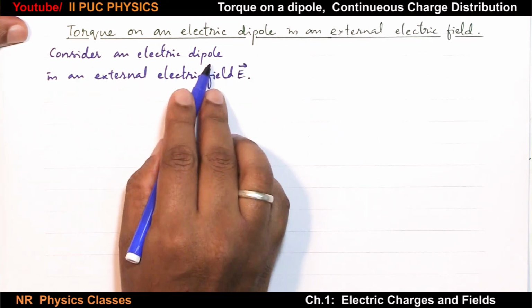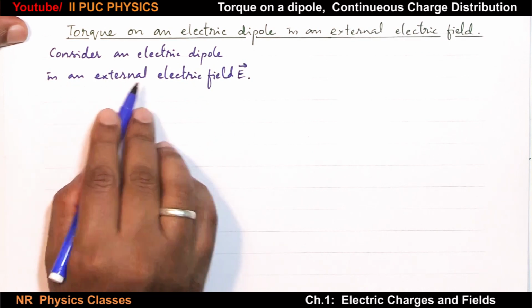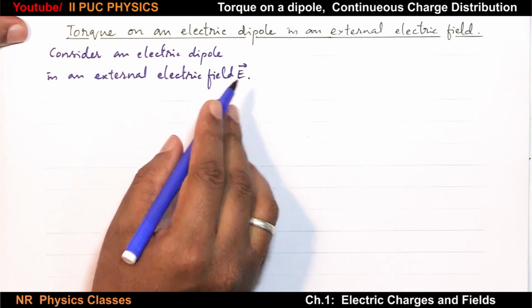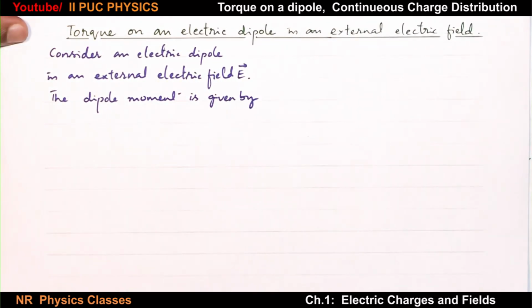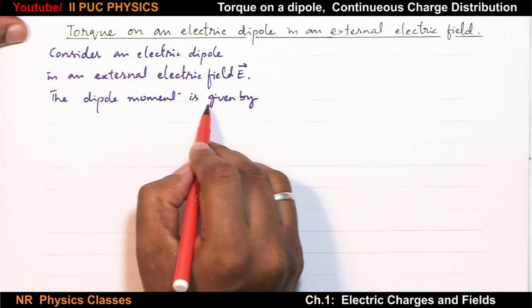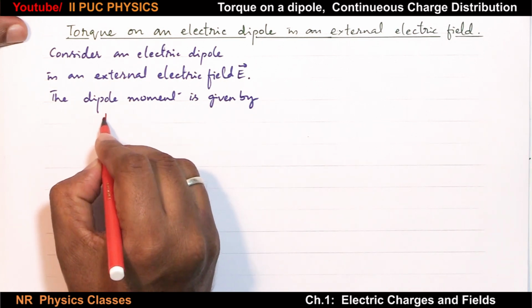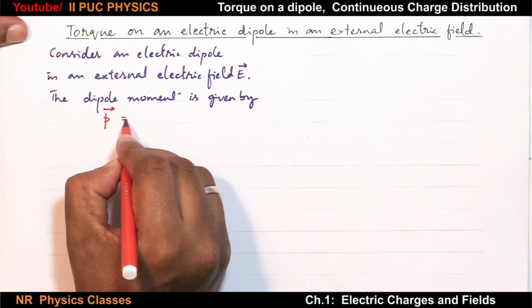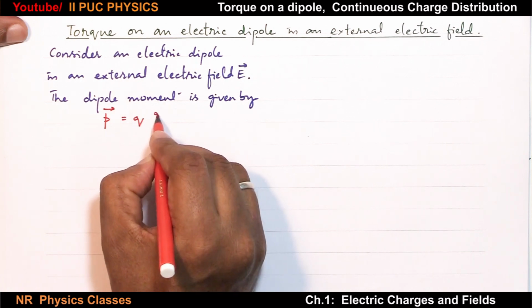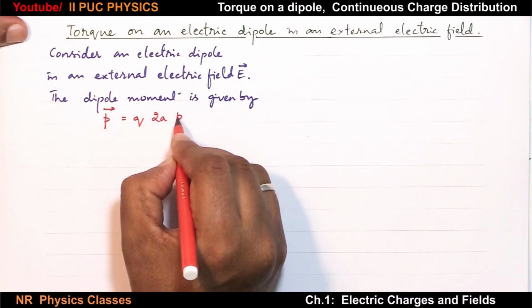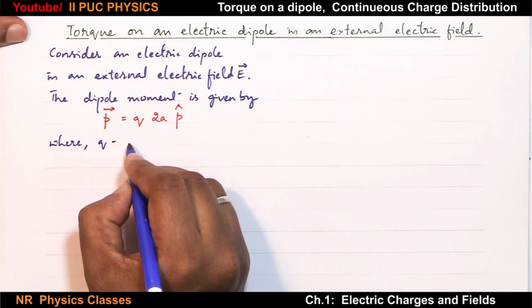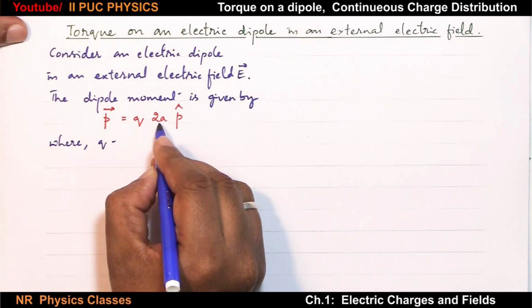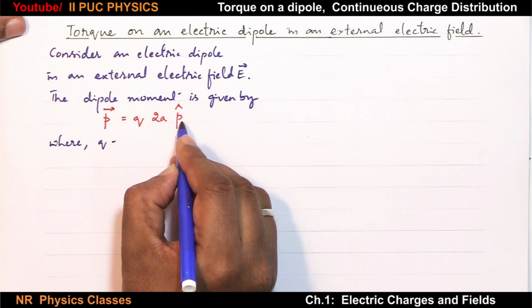Consider an electric dipole in an external electric field E. The dipole moment is given by P equal to Q into 2A into P cap, where Q is the magnitude of each charge, 2A is the distance between the charges, and P cap is the unit vector.